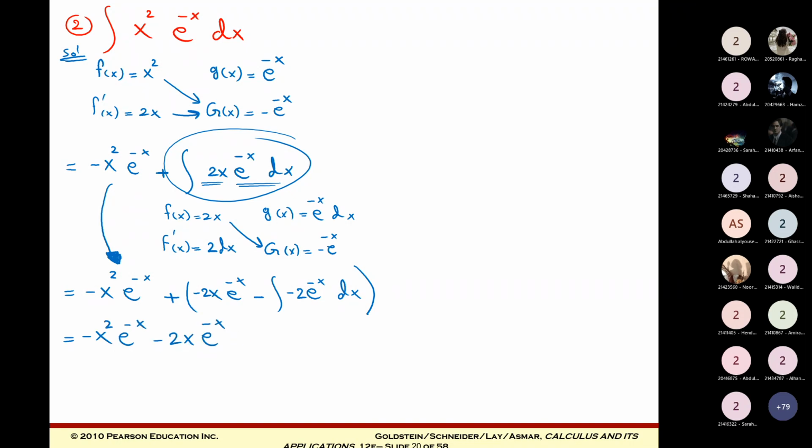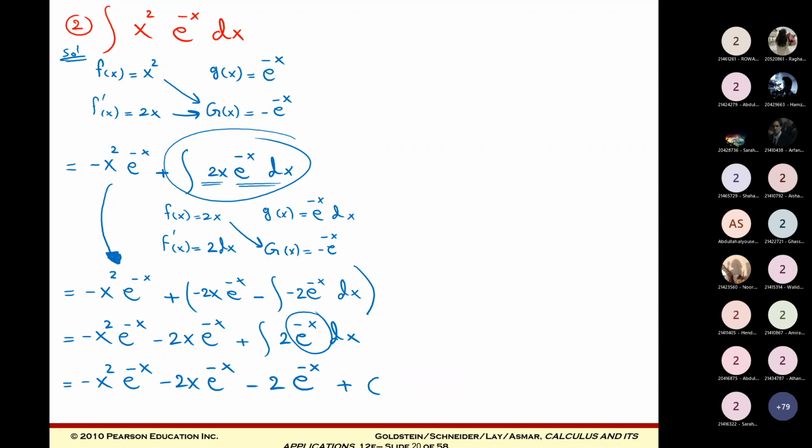And we have plus, negative negative is positive, the integral of 2 e to the power minus x dx. The final result equals minus x squared e to the power minus x minus 2x e to the power minus x and minus 2e to the power minus x plus c, because the integral of e to the power minus x equals minus e to the power minus x, so put the negative here.